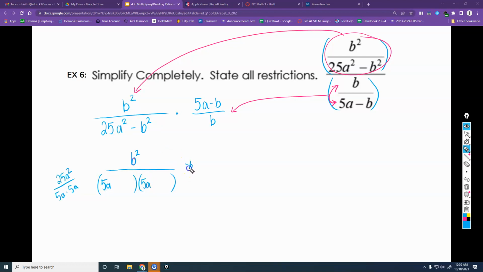Then over here I got a negative b squared. To get negative b squared, the only thing I can use is a negative b times a positive b, which will give me a 0 in the middle, so that's what I want to use, negative b, positive b. Now, I'm going to erase this right here because that is in my way. And then I'm going to write this one down, 5a minus b over b.